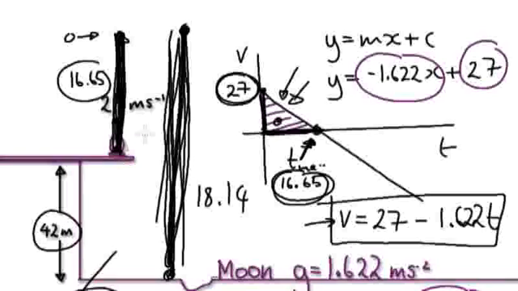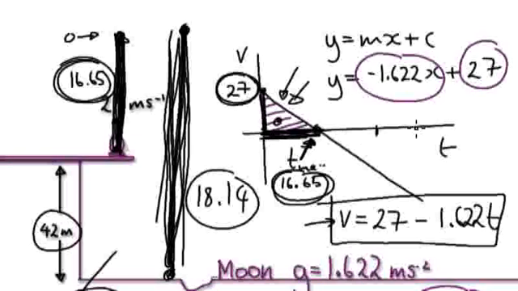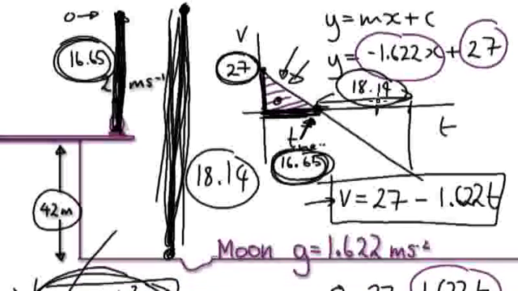By the way, this diagram is badly drawn. It's not to scale. But all you need to do is get this time added to this time here, which is 18.14, and that will give you the total flight time.